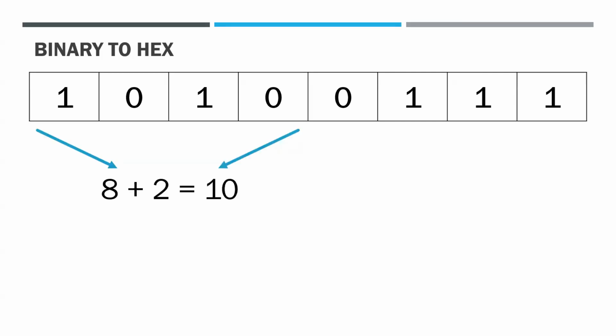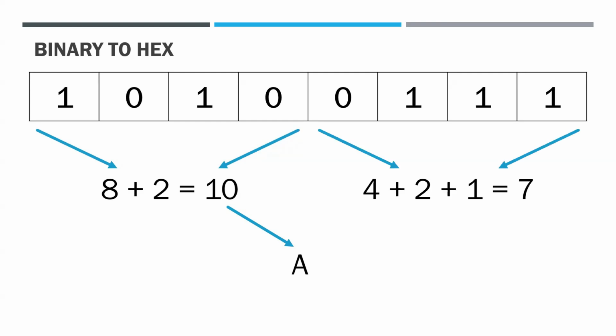So first one. All right. That first 4 bits, right? It's an 8 and a 2, right? 8 plus 2 is 10. Now, 10 in hex notation is an A, right? That's the first thing after 9. Okay? So that's an A. That first nibble is an A. Okay, now the next 4 bits, right?